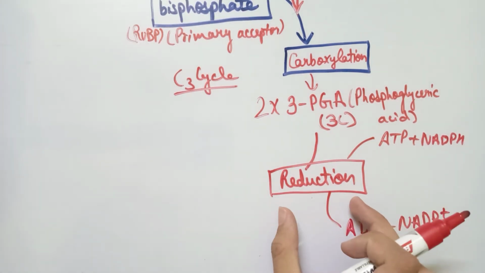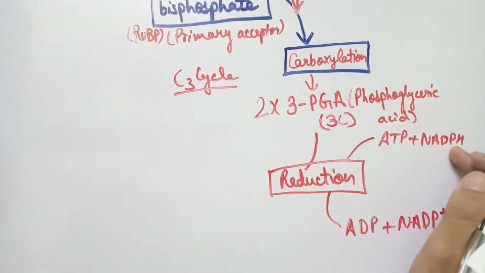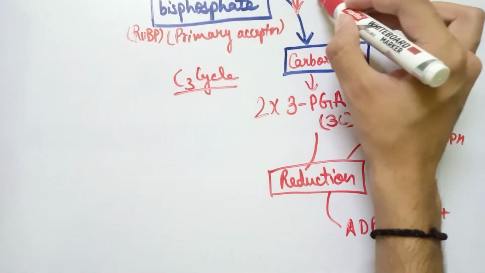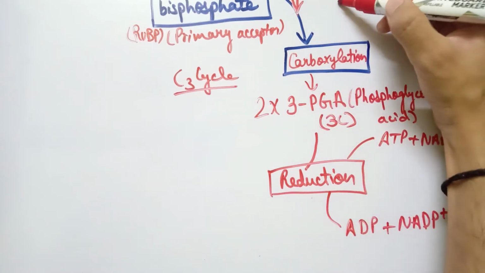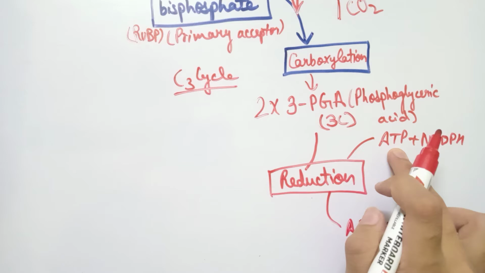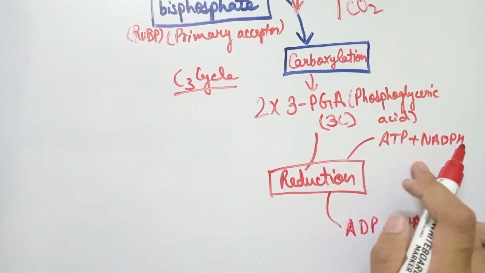So in this reaction, basically two molecules of ATP and two molecules of NADPH are used to form ADP plus NADP plus. This also means that if we have to fix one molecule of carbon dioxide, then we need two molecules of ATP and two molecules of NADPH until this part of the reaction.